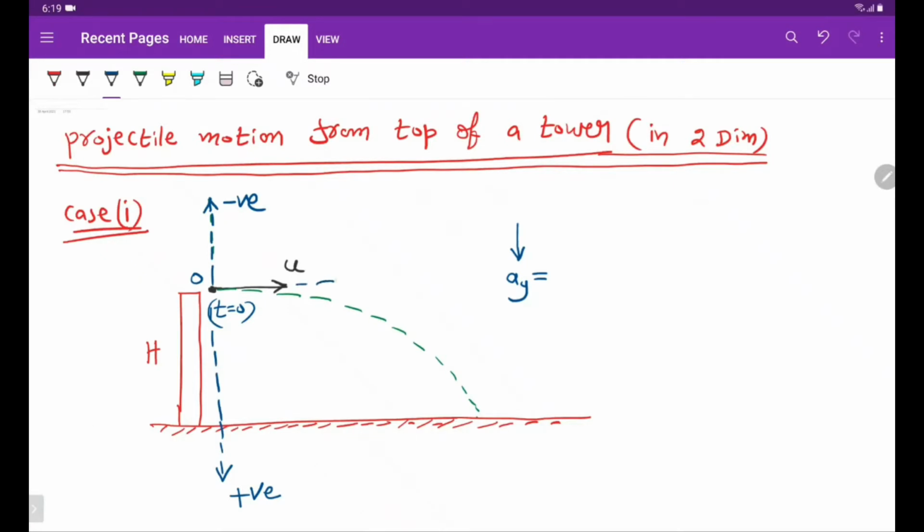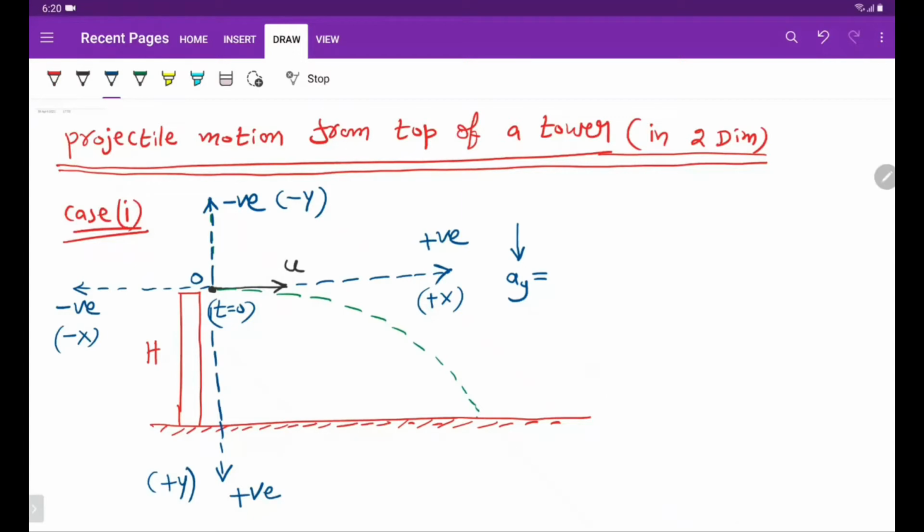So this is the positive x-axis, and this is negative. From where we are projecting, that is the origin. So this is plus x, this is minus x, this is minus y, and this is plus y.